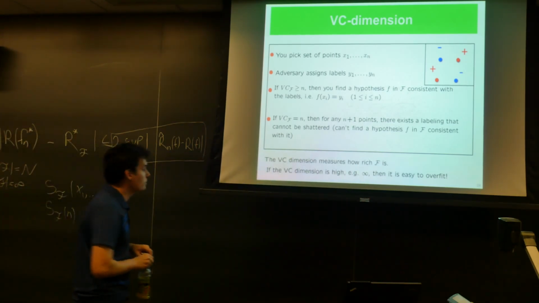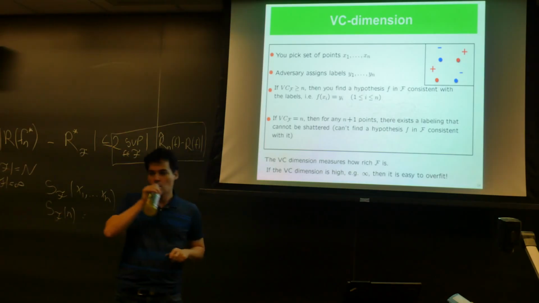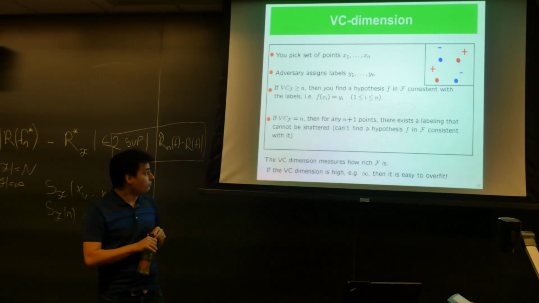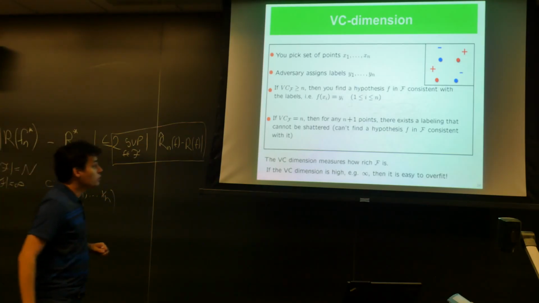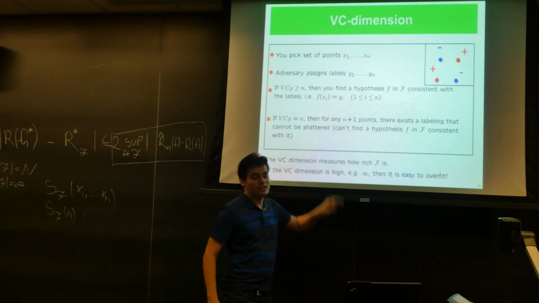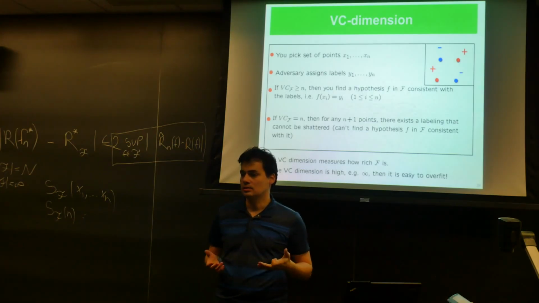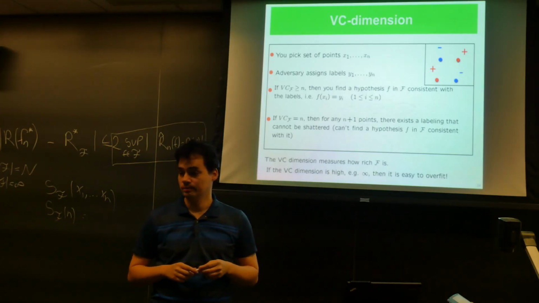Any questions so far? So the VC dimension in some sense measures how rich your function class is, how complicated functions you can allow.